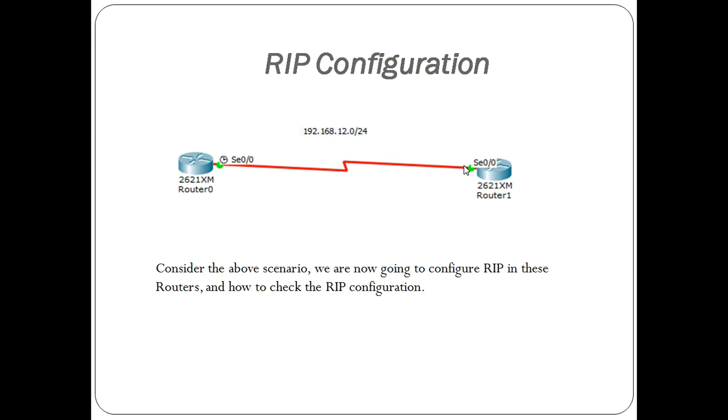So automatically the directly connected interfaces will not be advertised via RIP. Only other networks, other than the directly connected ones, will get advertised into RIP.